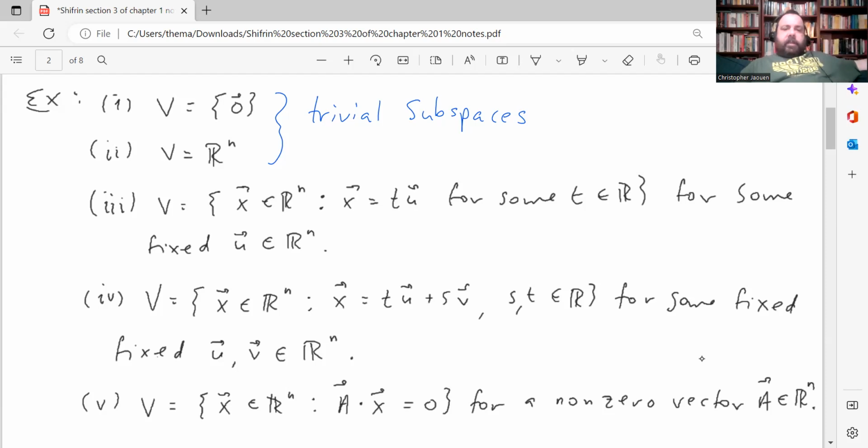Example 3: V is the set of all x in Rn such that x is equal to t times a vector u, for all t in R, for some fixed u in Rn. So, all scalar multiples of some vector.